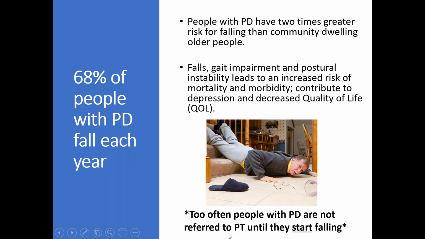If we think about the mobility side of it, we see that 68% of people with Parkinson's disease fall each year. People with Parkinson's have two times greater risk for falling than community-dwelling older people. Falls, gait impairment, and postural instability can lead to an increased risk of mortality and morbidity and contribute to depression and decreased quality of life. Too often, people with Parkinson's are not referred to physical or occupational therapy until they actually start falling. That's what I was referring to earlier.